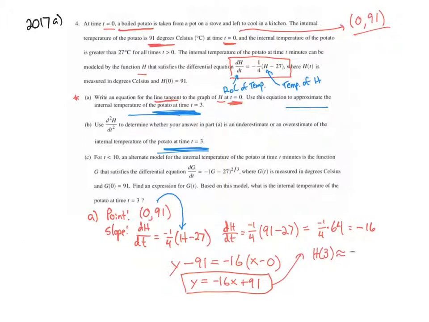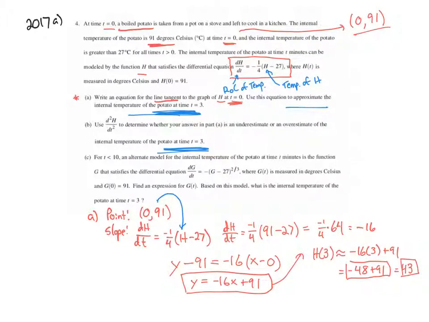So that'd be about negative 16 times 3 plus 91. So that would be negative 48 plus 91. And negative 48 plus 91, you can either box that up, or you can do a little bit of mental math or math on the paper and see that it is 43 degrees. Either way. So there we go.